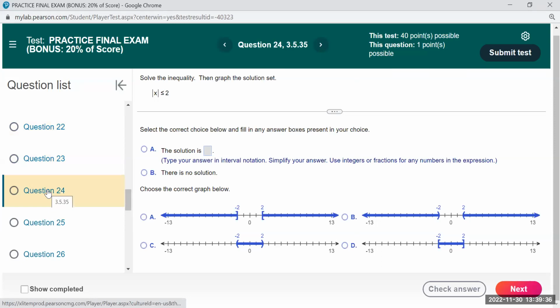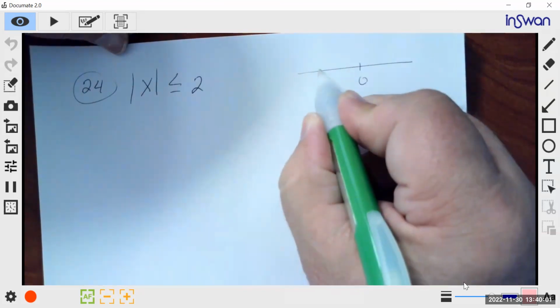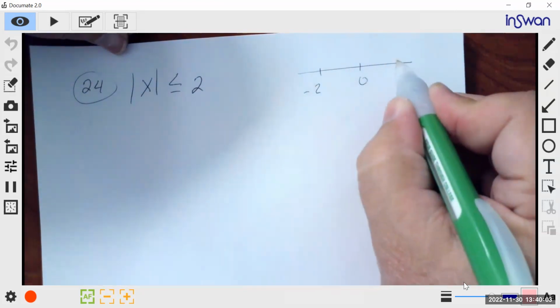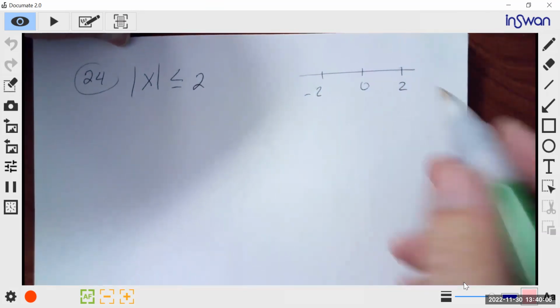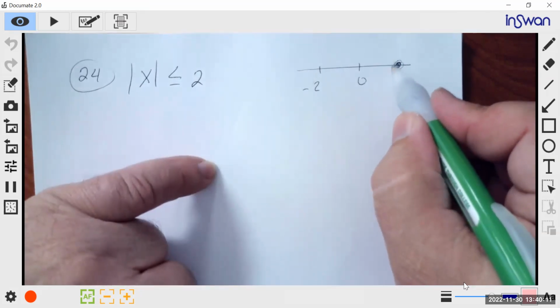Solve the inequality and graph the solution. Absolute value of x is less than or equal to 2. So if we look at a number line, if x is less than or equal to 2, so it's a solid dot, that means it has to go here.